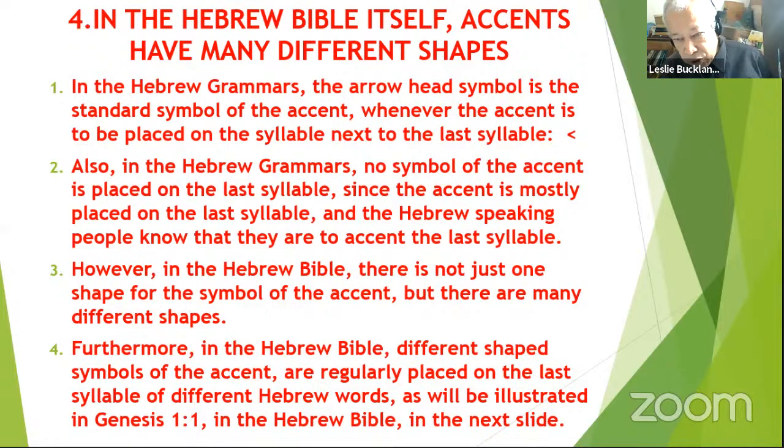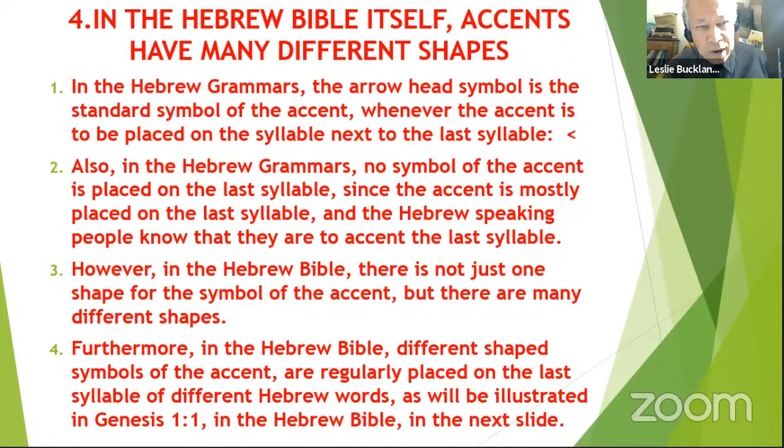But I think this was just a way of simplifying the learning of Hebrew, to have one symbol for the accent. Because when you look into the Hebrew Bible, there are many different shapes for different accents.